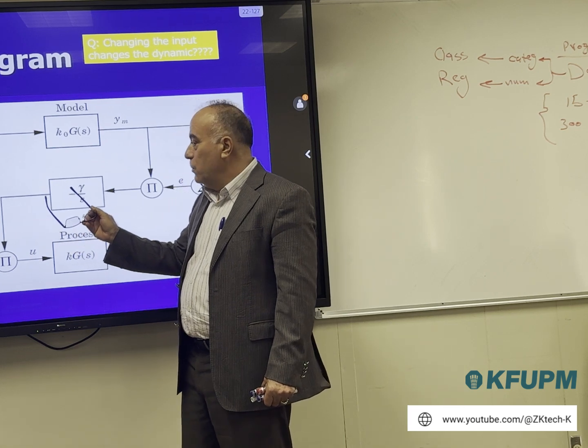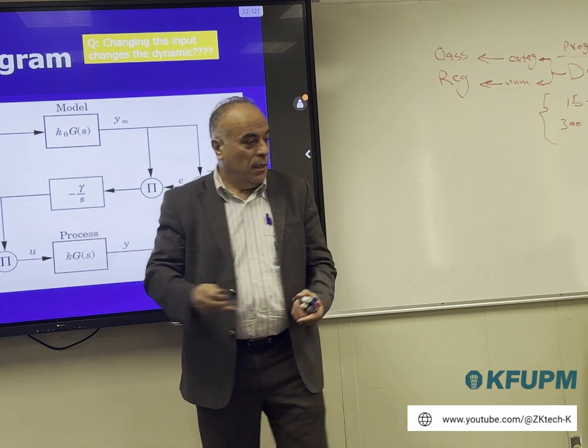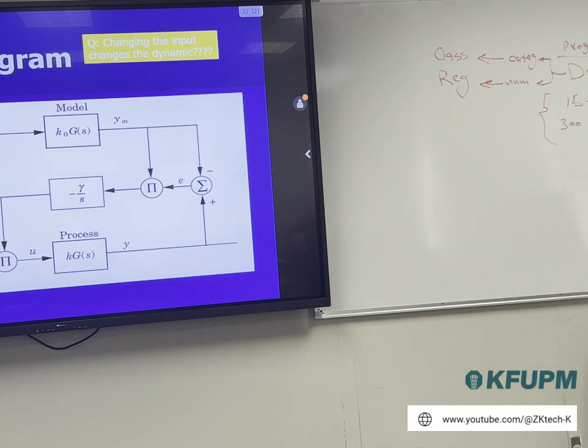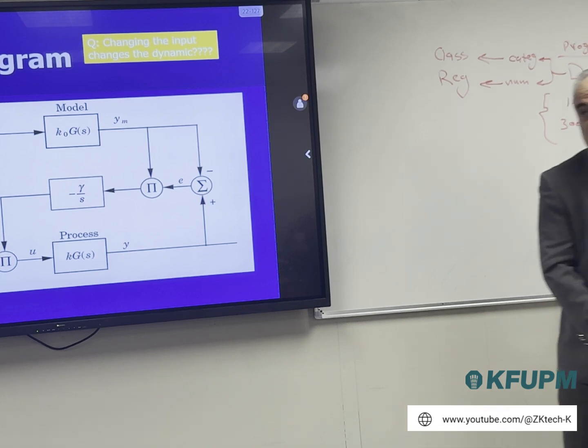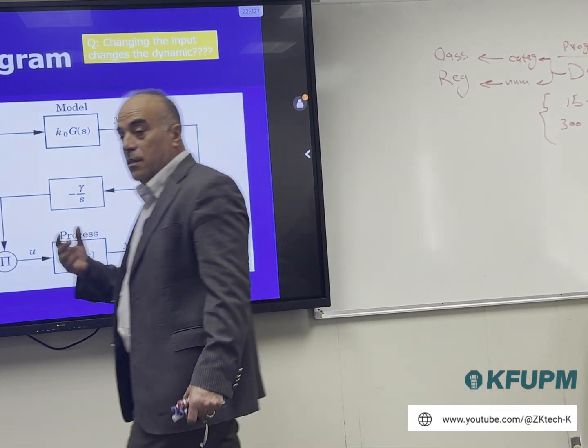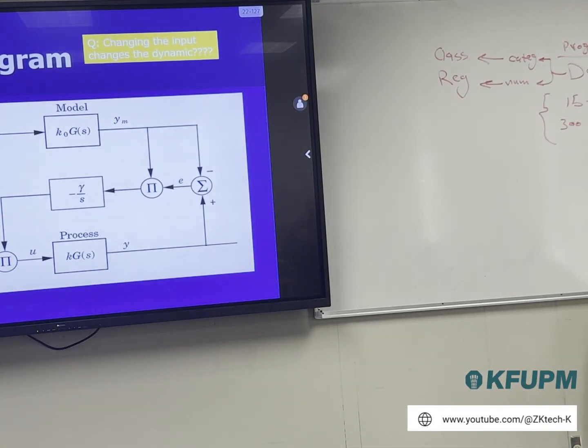We always have to compromise between how fast the system is to adapt versus stability. This is something we are going to face almost all the time when we do adaptation: there is always a compromise between fast adaptation and robustness.